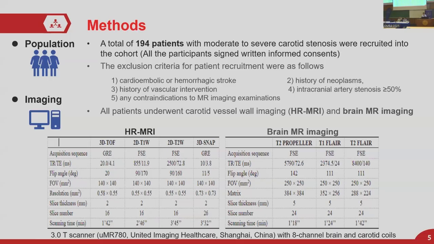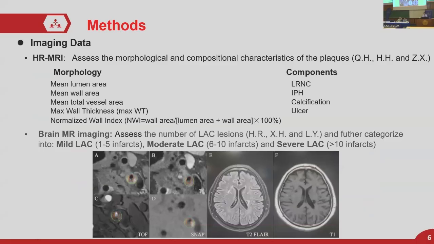The scanned sequence and parameters are as follows. We assessed the morphological and compositional characteristics of the plaques and the situation of lacunar infarction in the patients. The patients were further divided into different subgroups based on the number of the lacunar infarctions.